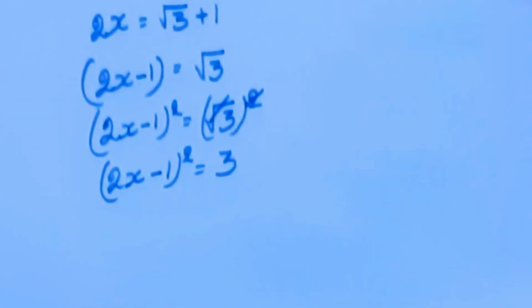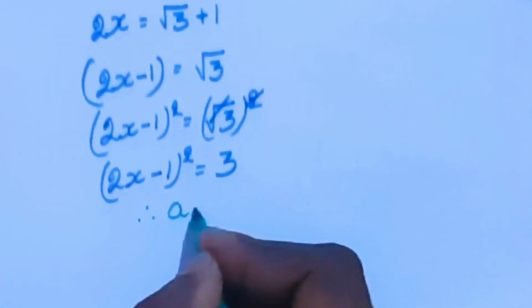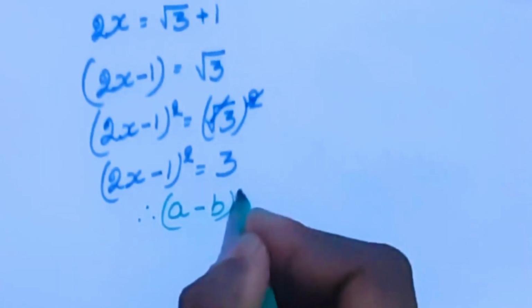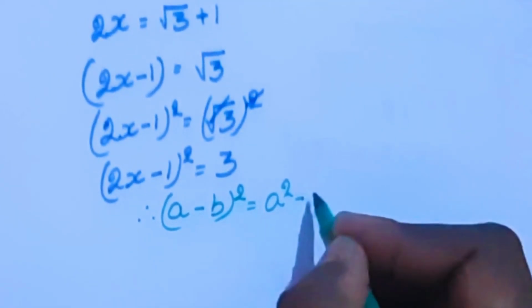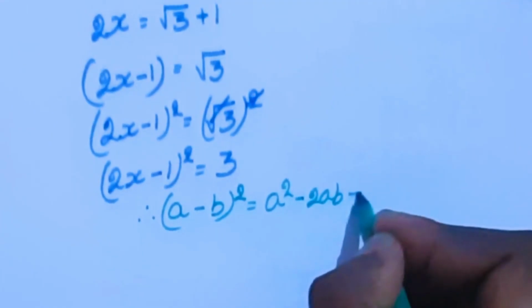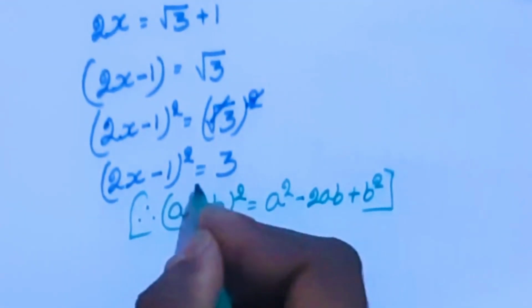Now we are going to implement this algebra formula here, that is (a − b)² = a² − 2ab + b². This formula we are going to apply here.